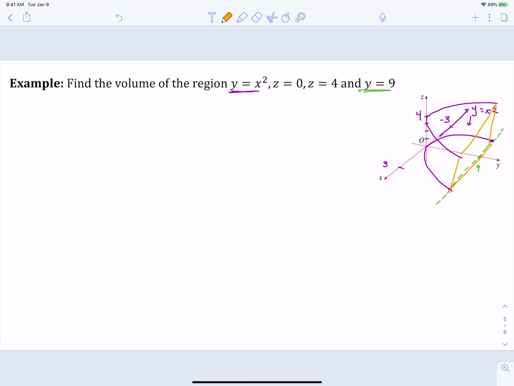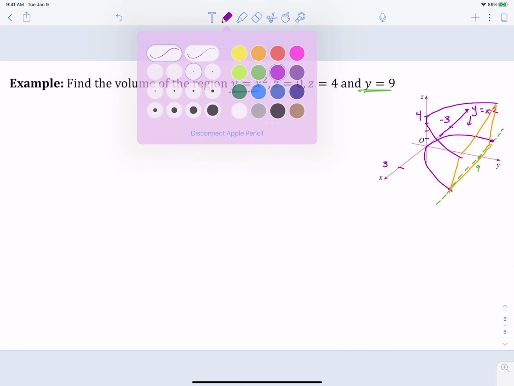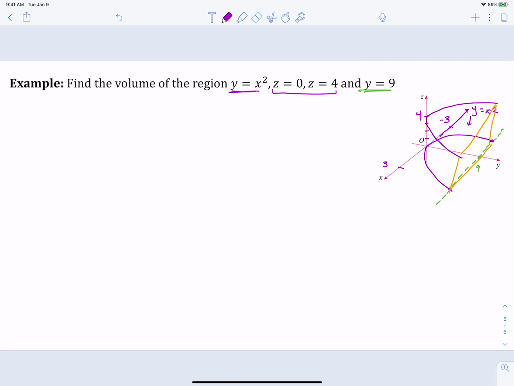Looking at some of the limits of integration that we have, right here z is going from 0 to 4. So that's telling me that that might actually be our last limit of integration that we're going to set up. X is going from negative 3 to 3. Y is really the one that's got an equation on it, so I'm actually going to make that my first limit of integration.